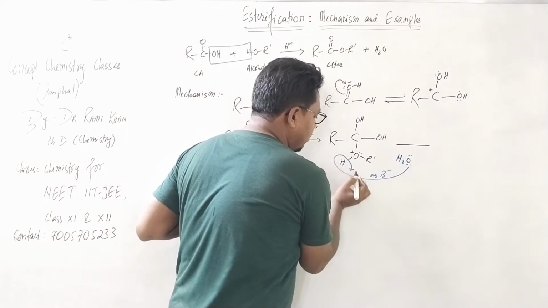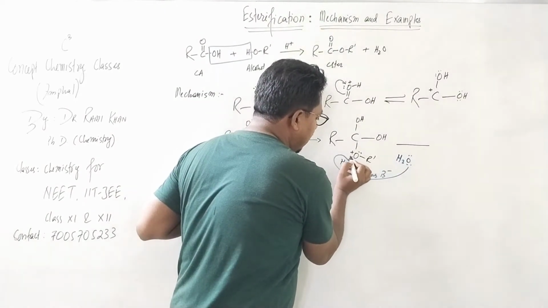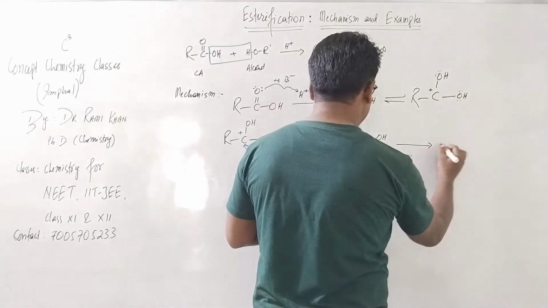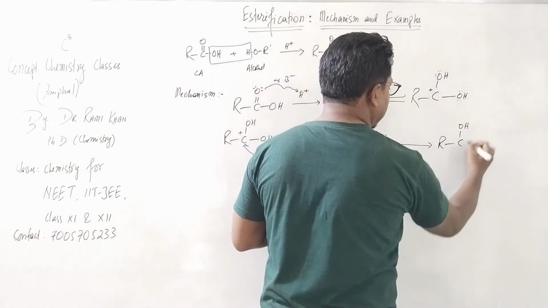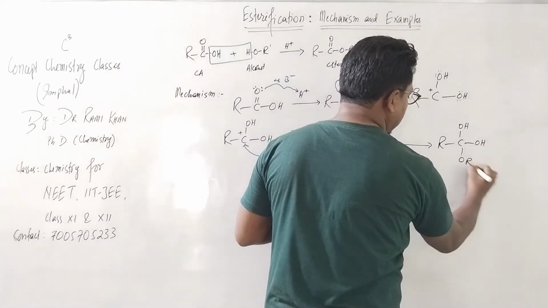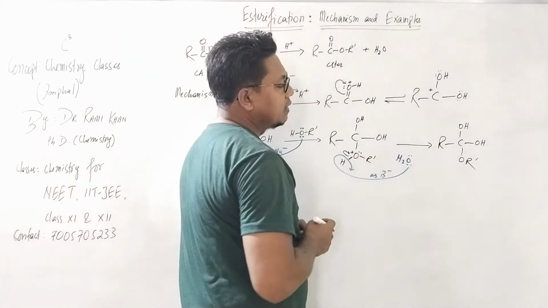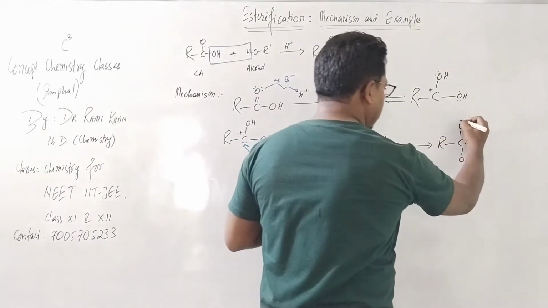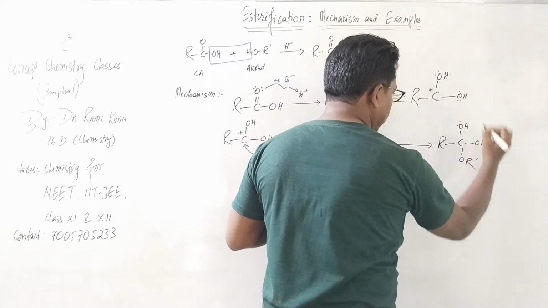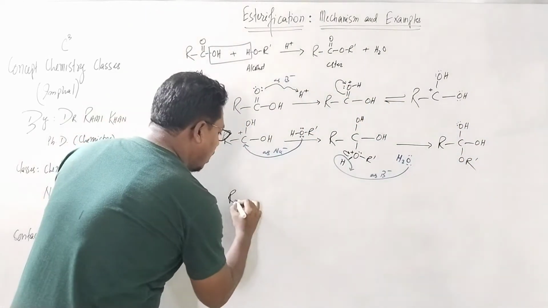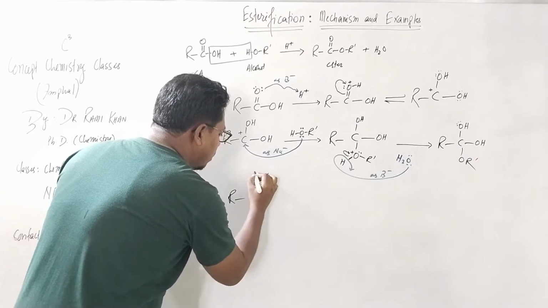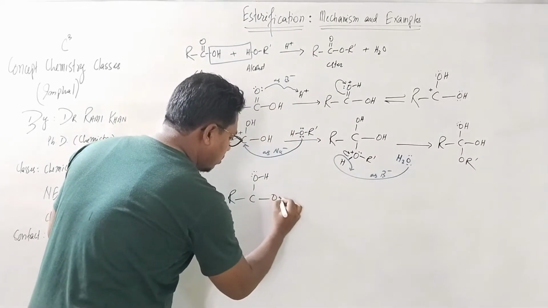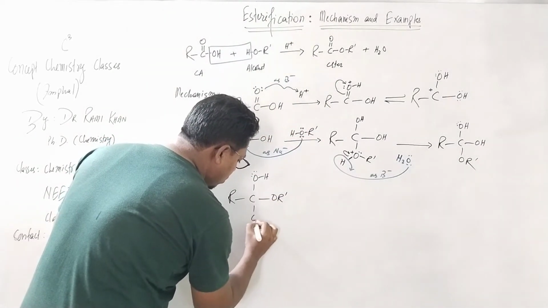So this water's oxygen abstracts this hydrogen, and these two electrons will go back to this oxygen as a lone pair of electrons. So we will get this intermediate. This is our R dash, this is R dash, right? Let me write this again here, R C OH. Here two lone pairs of electrons are there, let me write this OR dash in this place, and here it is OH.